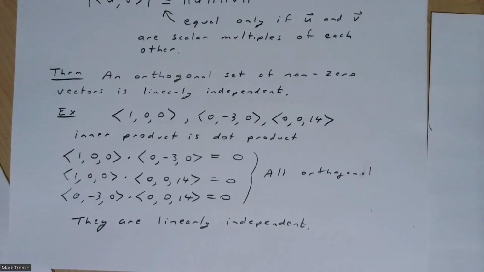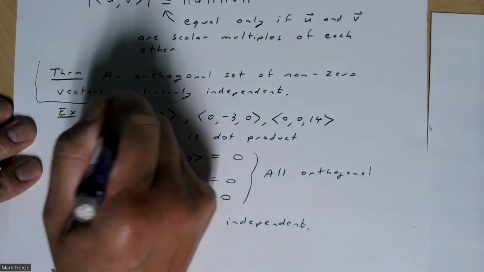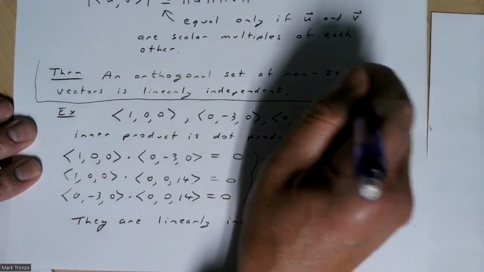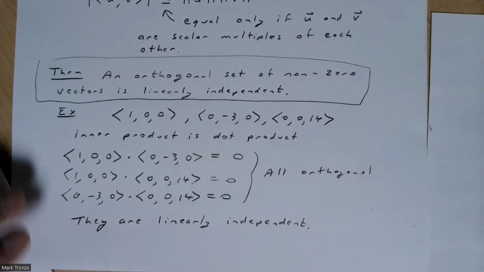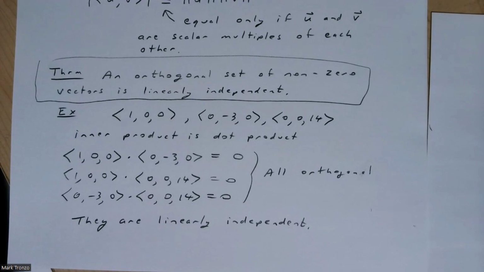So again, this is a very important theorem here that we're going to use many, many times. An orthogonal set of non-zero vectors is linearly independent.